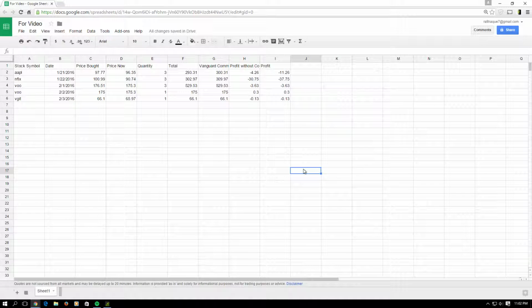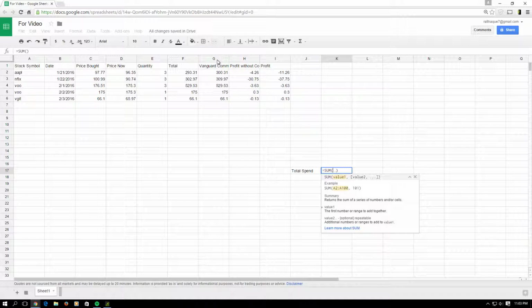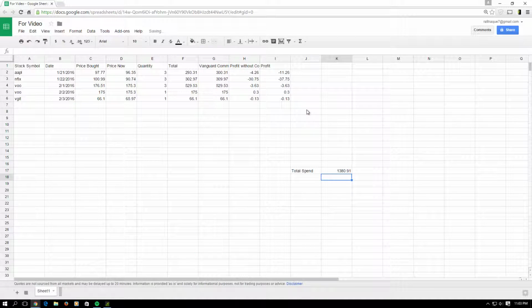So we're just gonna do it right over here. The first thing we're gonna have is total spend, and the way I can do that is by doing the sum of Vanguard commission, and this would give us exactly how much I spent so far.